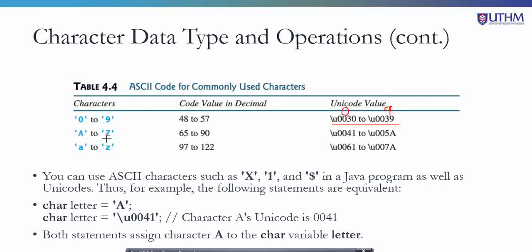For capital Z, \u005A. And for lowercase a and z, \u0061 and \u007A. So how do we get these numbers? We need to refer to the ASCII table. Later I will show you.